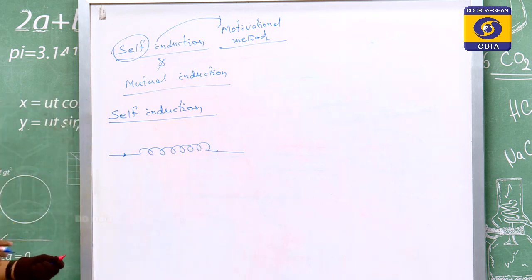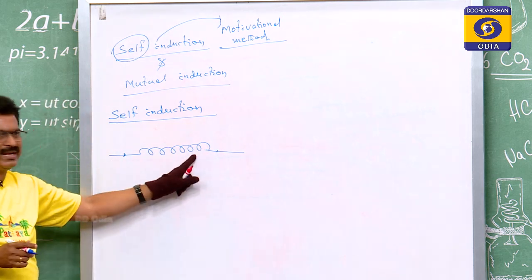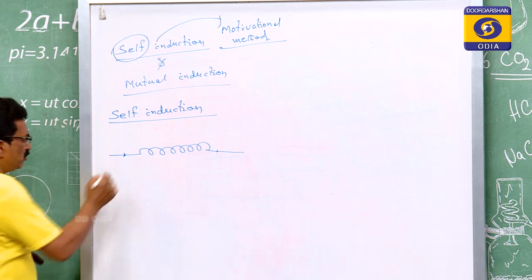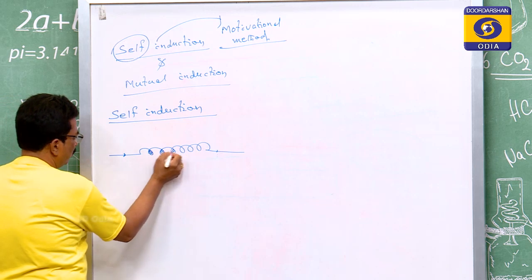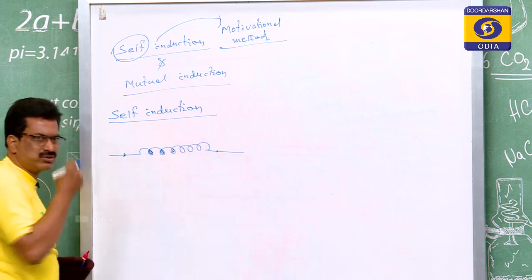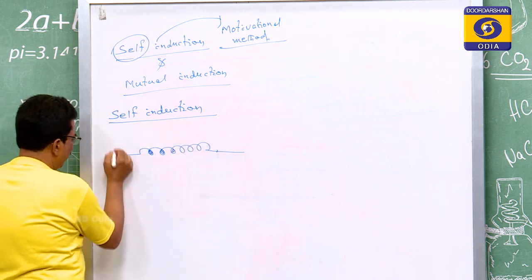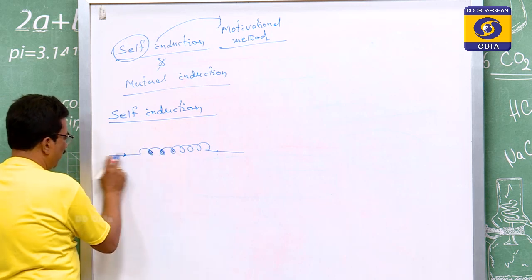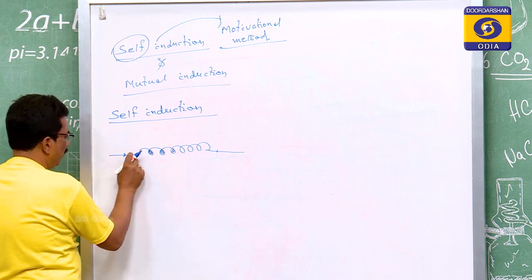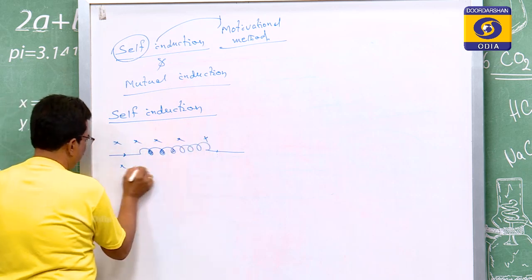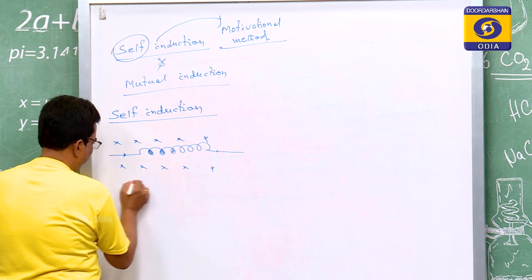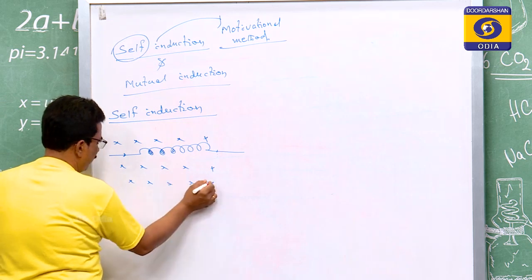So we have taken a coil, which has a number of turns: 1, 2, 3, 4, 5, 6. So 6 turns we have taken, and it is placed in an inward field.